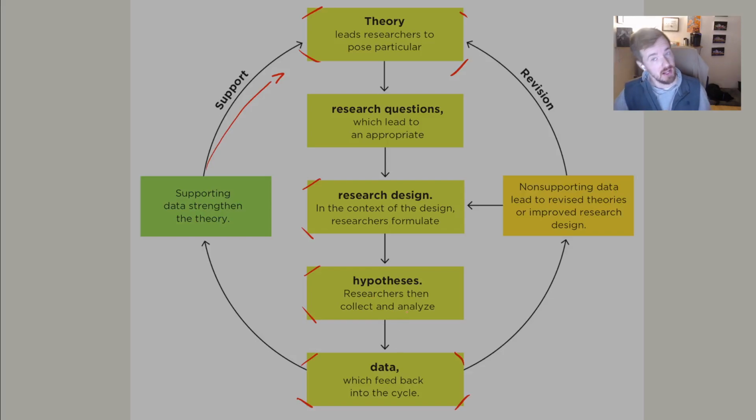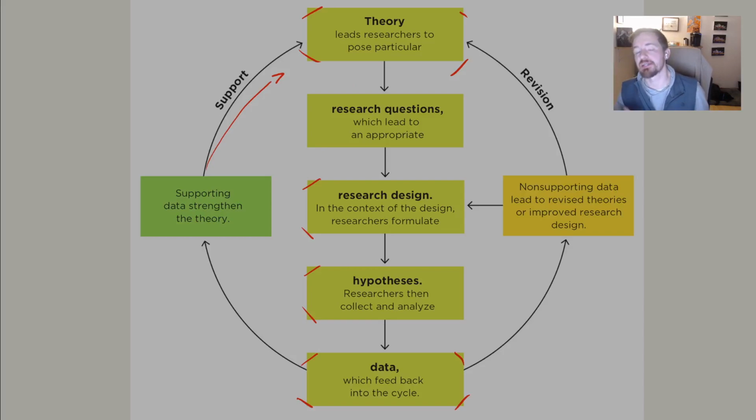If your data do not support your theory, then you go back into one of two different avenues. You can go back to the drawing board for your research design or for your theory. If your data don't support your prediction, that means that either your theory was off, no big deal, it happens all the time, or it means that your research design was off.